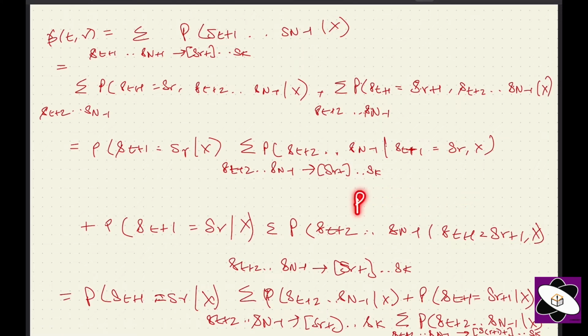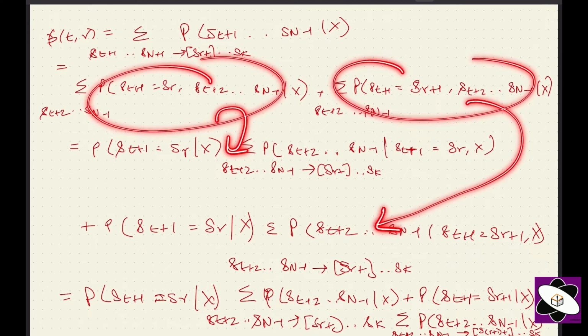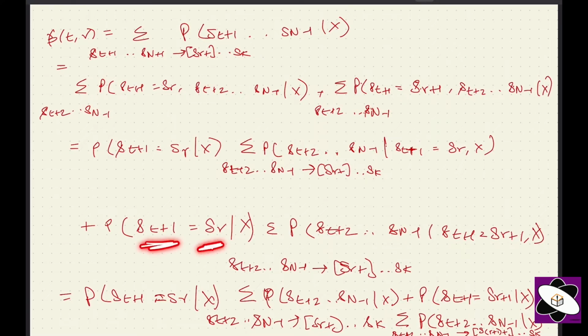And again independence, like p of a intersection b is p of a into p of b, if we have independent events or independent probabilities. And again same goes for this, so for this it is this, and for this it is this. So t+1 is equal to Sr is this one.